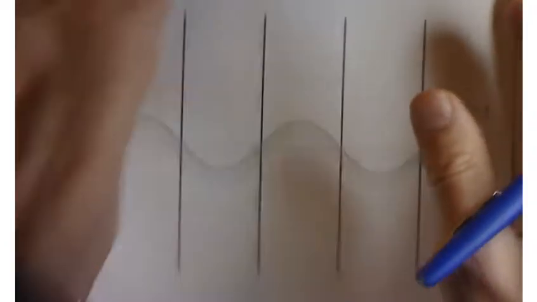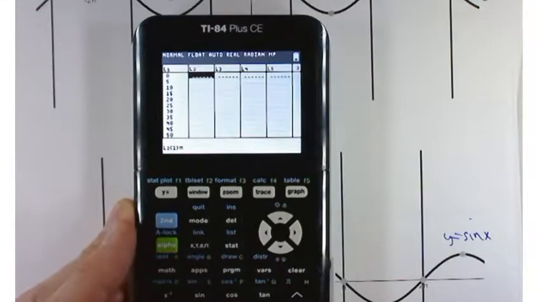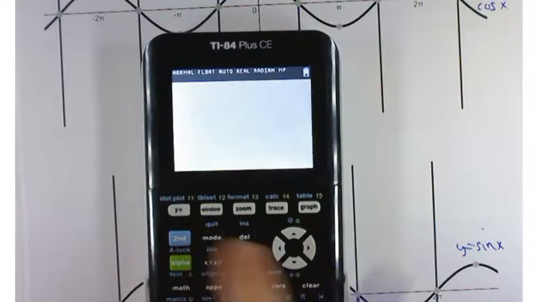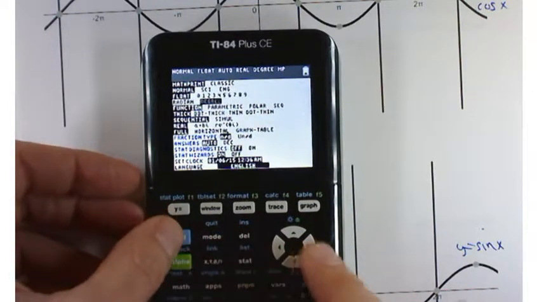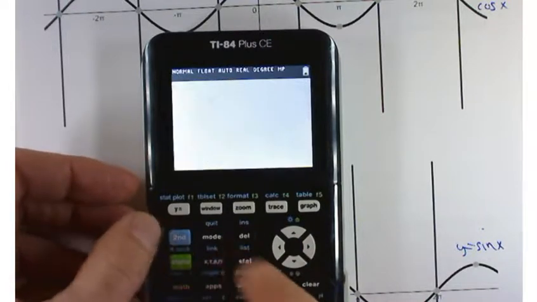So let's see what that's going to be like, and I'll look at it a little bit on my graphing calculator. So let me put this in degree mode for just a minute. Then go back to my stat tables.